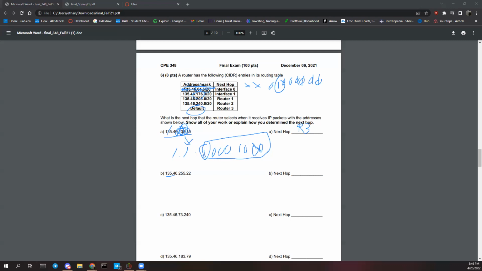Well, no. Remember, we just determined that this value is the minimum of its range, and then the 20 lets you go up to the highest peak of its range, which is the all ones version. But that means 176 is bigger than 136. No, only the first 20 bits must match.